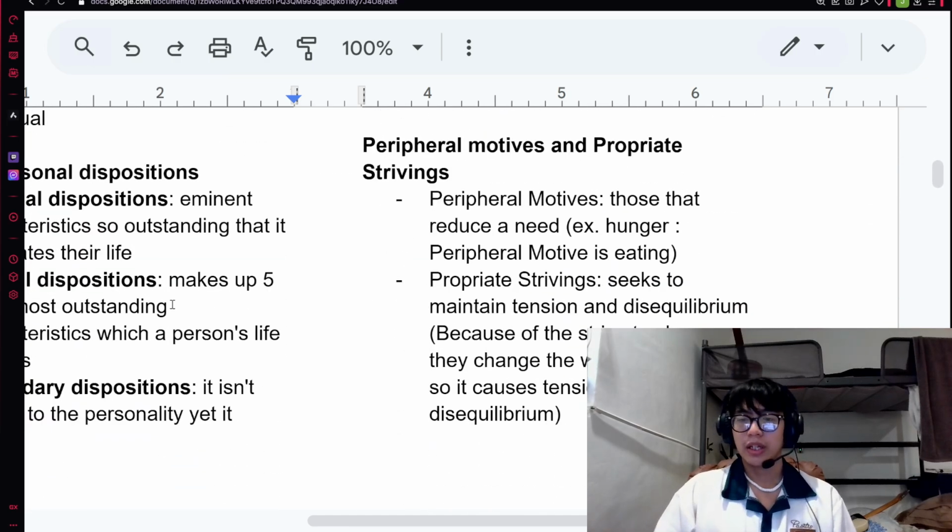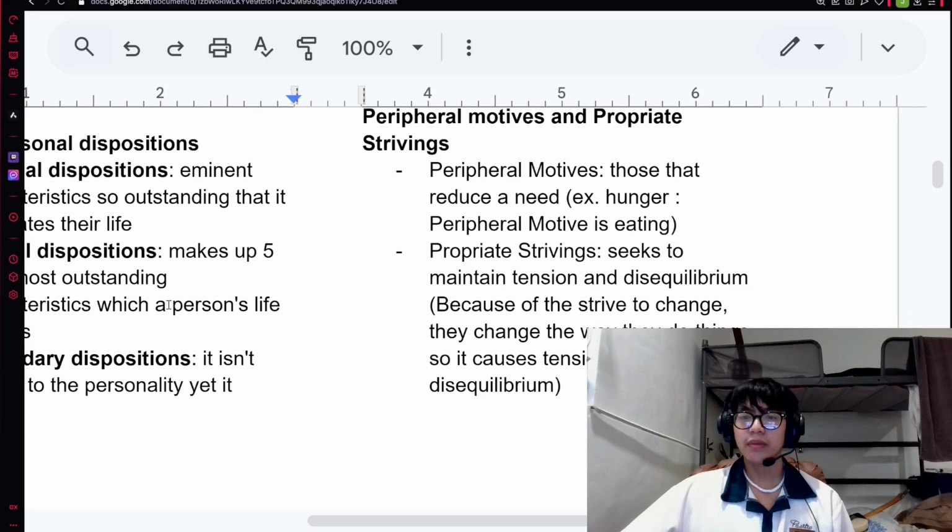So let's talk about peripheral motives first. Peripheral motives are basically those that reduce a need. So any want, any behavior, any motive, any need that reduces a need is a peripheral motive.